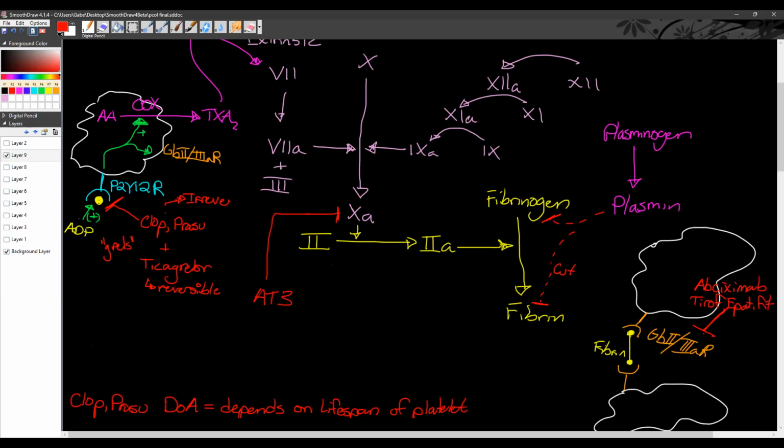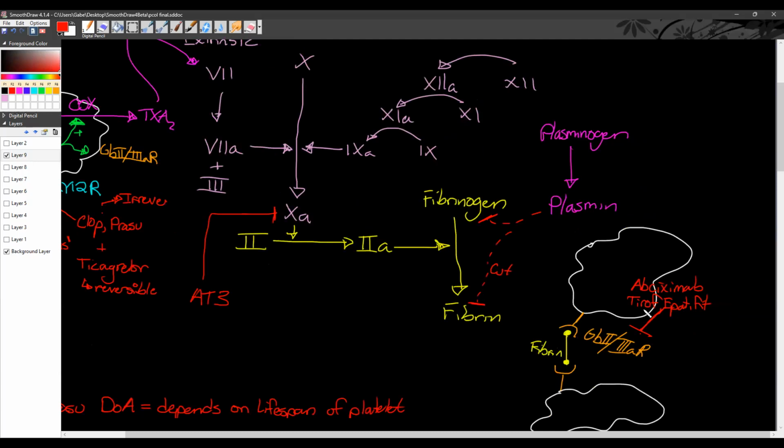Couple of things to note about these drugs. First of all, the first ones to be created were tirofiban and eptifibatide. What is special about tirofiban and eptifibatide is that they are reversible inhibitors. They're also peptides.